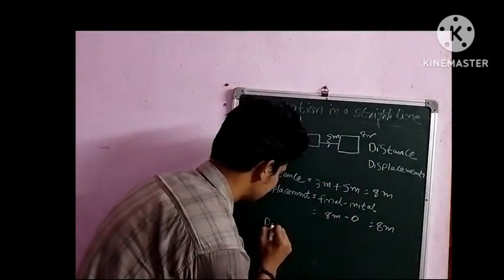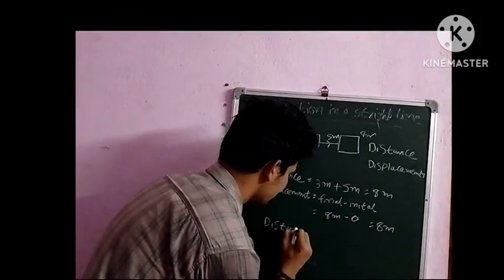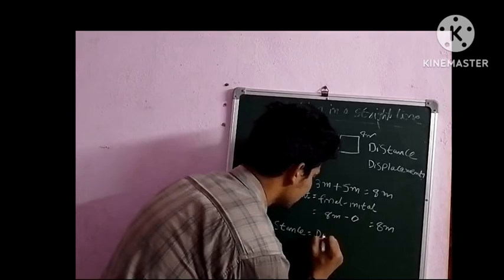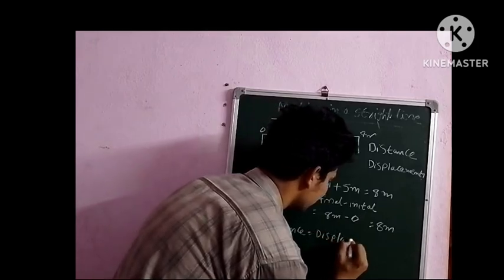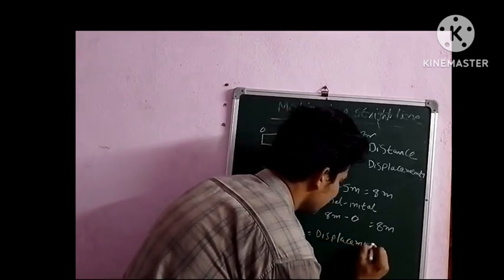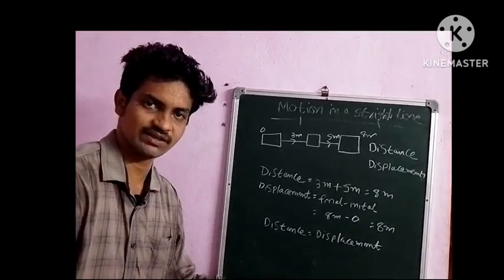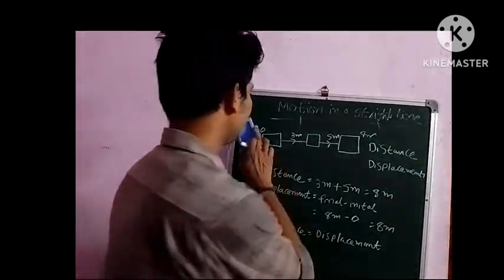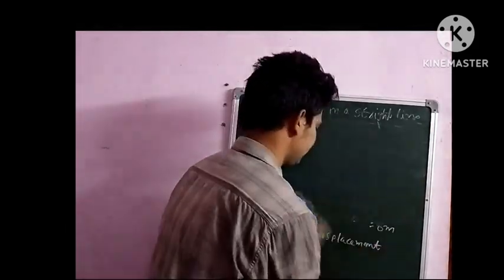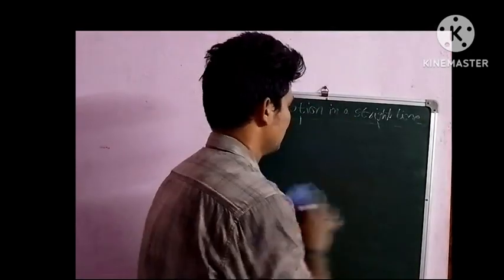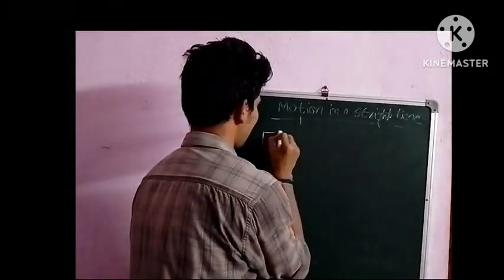So distance is equal to displacement. In this case, we proved distance is equal to displacement. And we take another example.